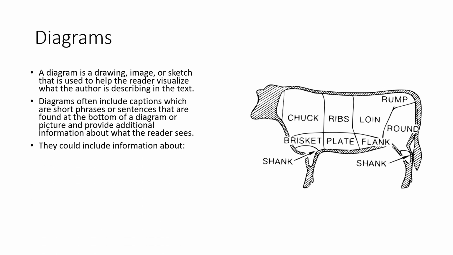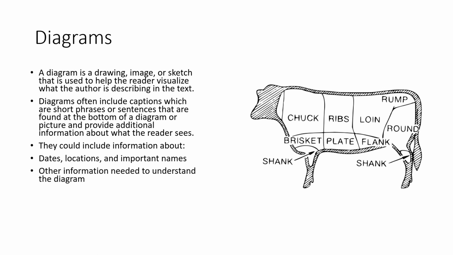It could include information about dates, locations, important names, like this one. We don't have the caption underneath, but we've got how we slice up a cow to grill it. Sometimes it's additional facts about the topic of the diagram. So if you're going to put a diagram into your report, you are allowed to add extra information, and it doesn't hurt to have that extra information in the picture.